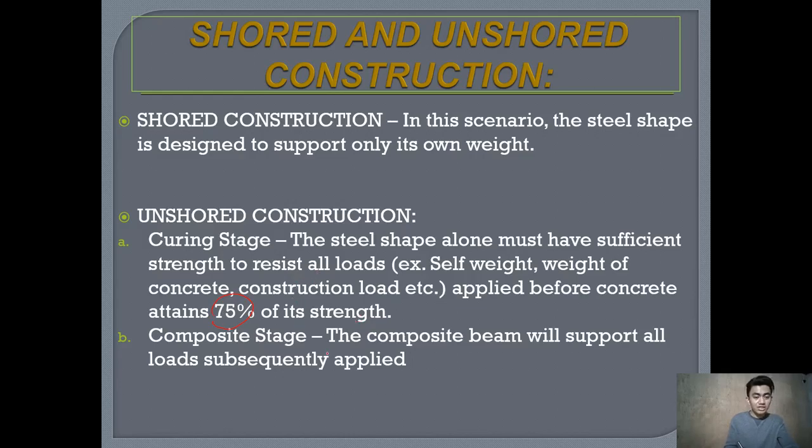How about the composite stage? The composite stage now, it says here, the composite beam will support all loads subsequently applied. All right. So for you to better understand shored construction and unshored construction, I have prepared here an example which we will try to solve and see the difference now between shored and unshored construction.